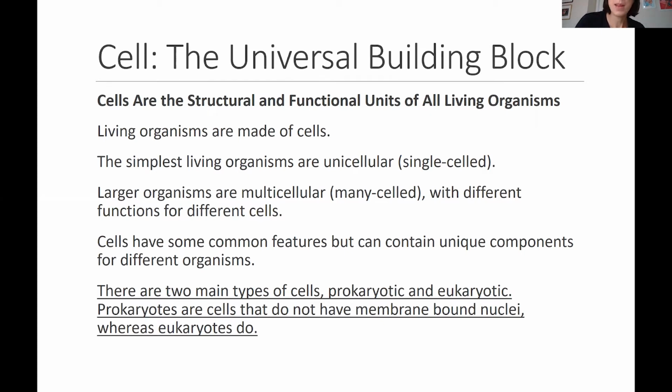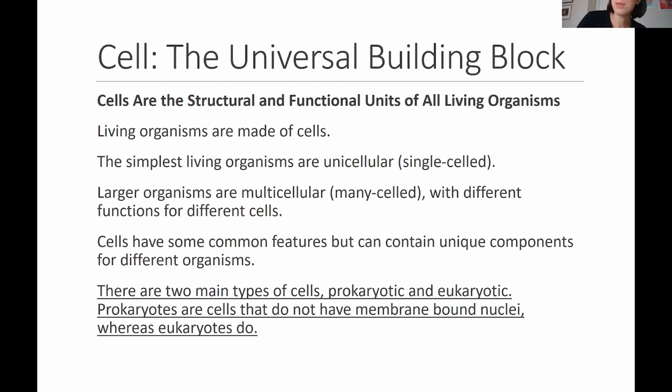Living organisms are made of cells, and even the simplest living organisms are still unicellular, so they're still just a cell. Larger organisms are, of course, multicellular, where they have different functions for different cells within the whole of the organism.